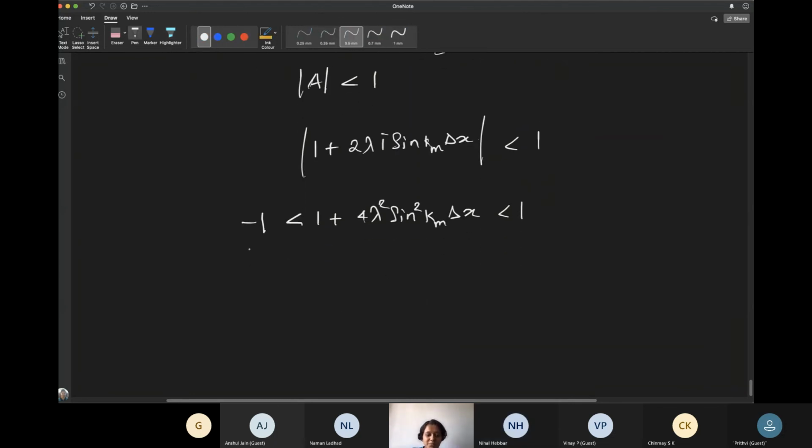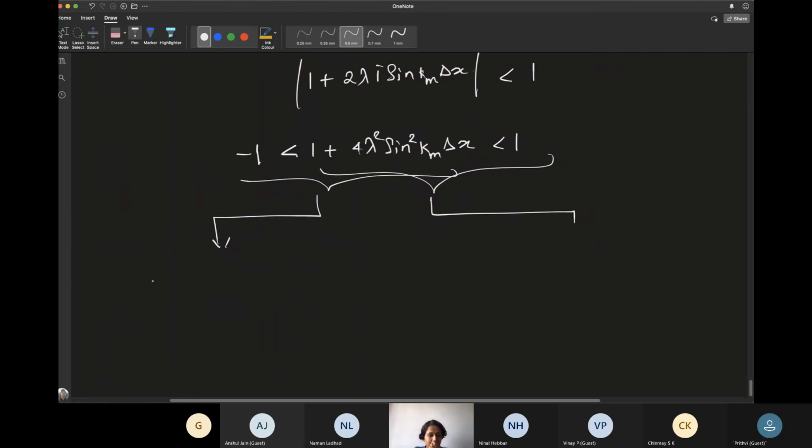So now you have these two inequalities. Considering each of these separately, you have minus 2 less than 4 lambda squared sine squared km delta x. On the other side, you have 4 lambda squared sine squared km delta x less than 0, right?